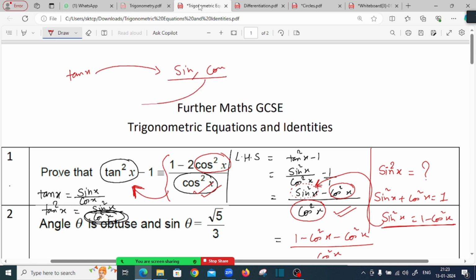But from cos and sine to go to tan, you have to be a little bit more efficient. See, I have cos square x here. I have to go into sine square x. I can do that, no problem. But okay, 1 minus 2 cos square x upon cos square x. Now what will I think? Here I can change cos square x to 1 minus sine square x.